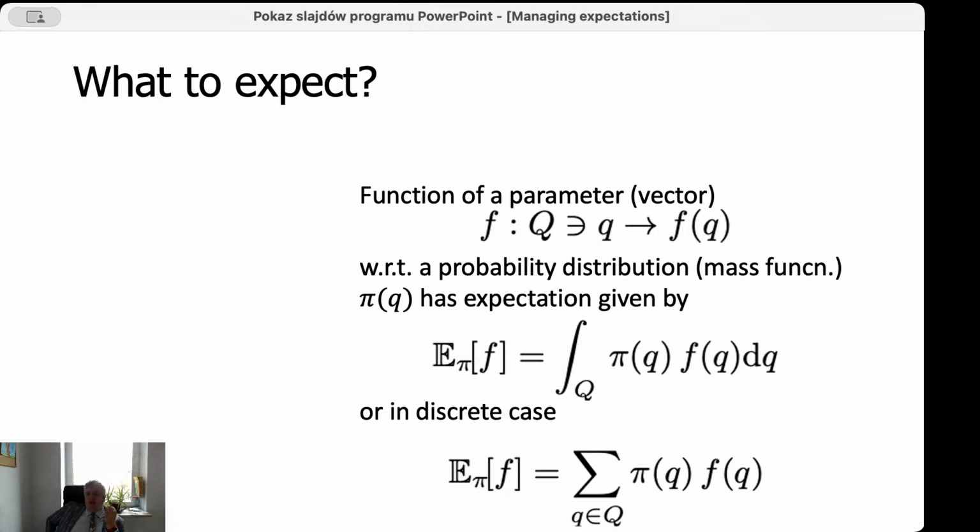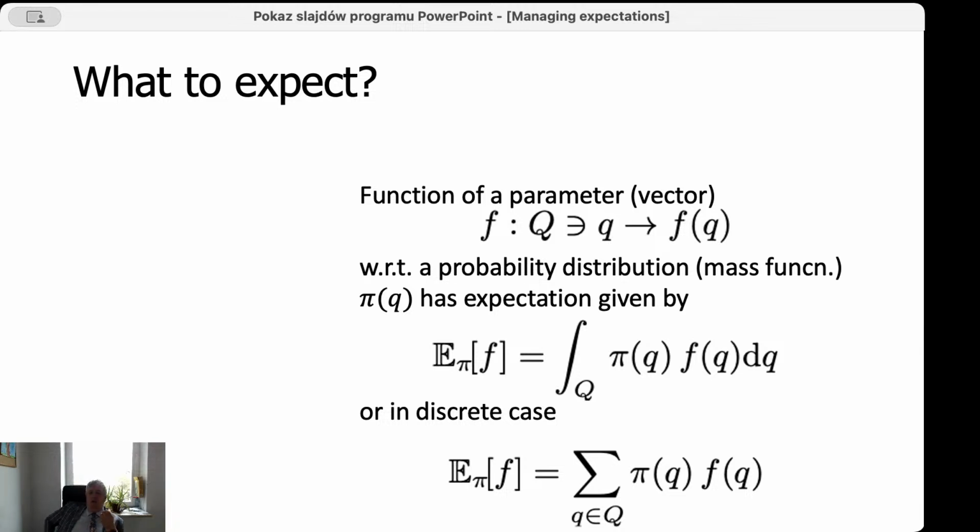But generally we want to compute the expected value of that function with respect to a certain probability distribution, in the case of continuous variables, or probability mass function in the case of discrete variables.